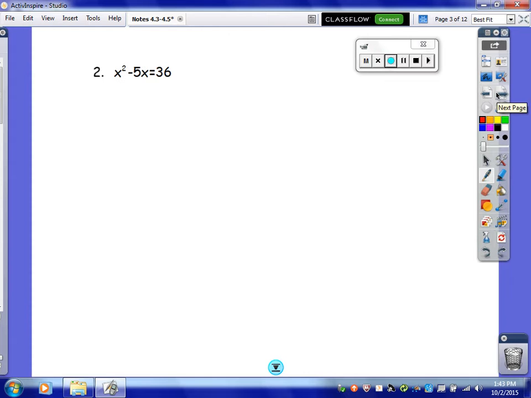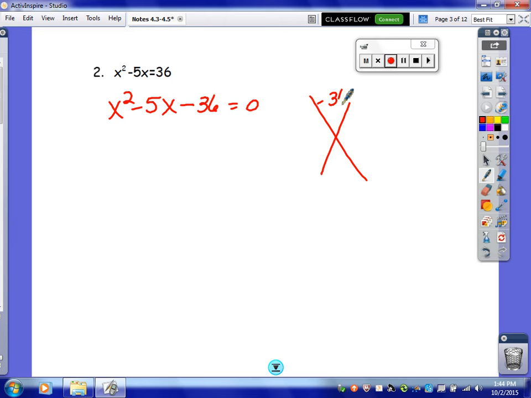Alright, this problem, it's not in standard form, so we need to rewrite that first, put it in standard form. Now you want to factor. So our lead coefficient is 1, so 1 times negative 36. So what multiplies to give you negative 36, but has a difference of negative 5. Alright, so negative 9 and positive 4.